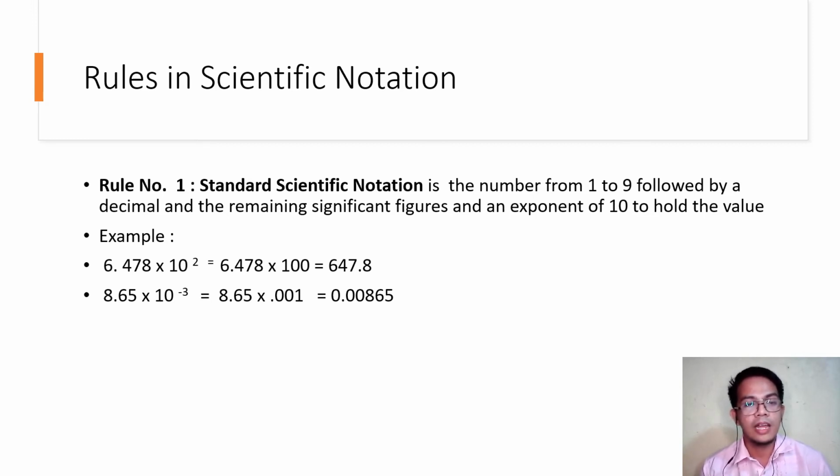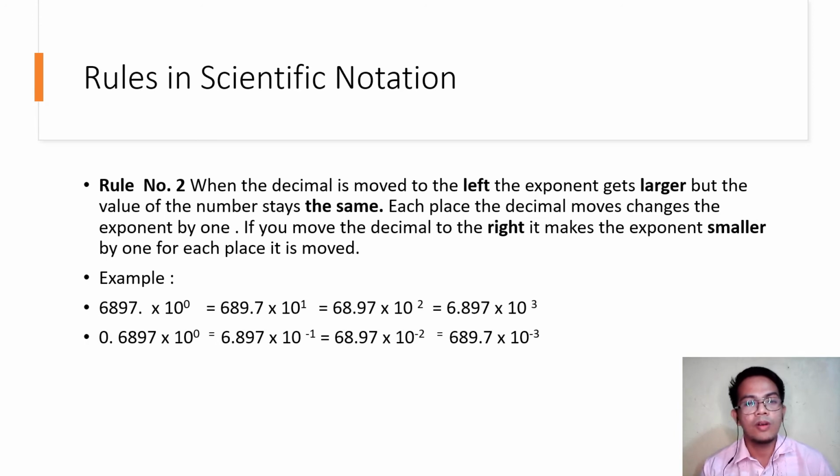Then 8.65 times 10 raised to negative 3 is the same as 8.65 times 0.001, or equal to 0.00865.